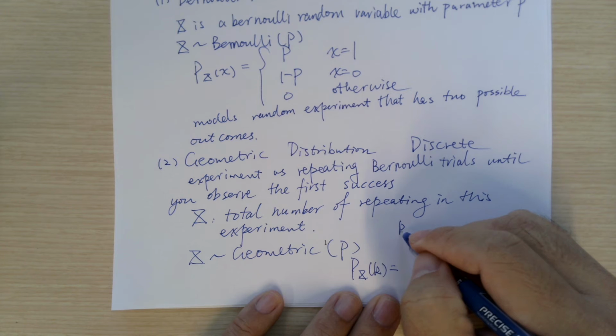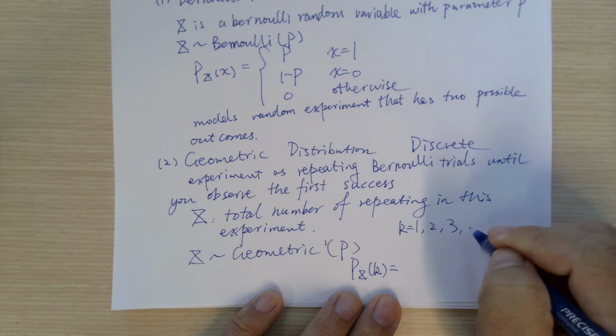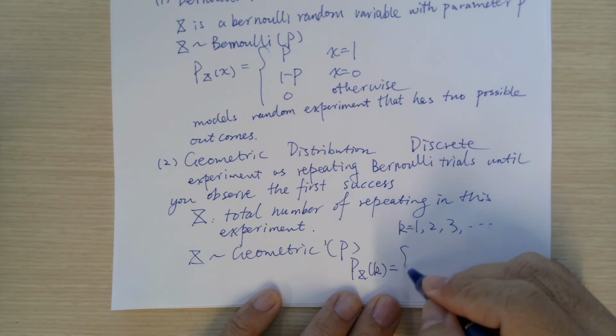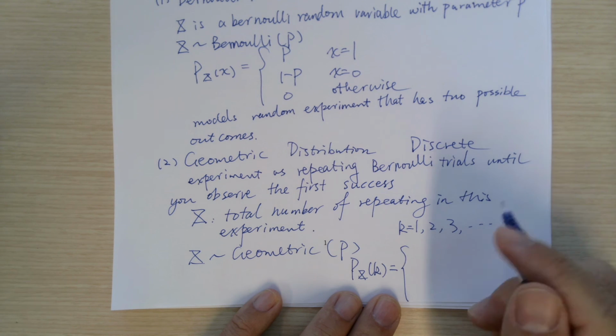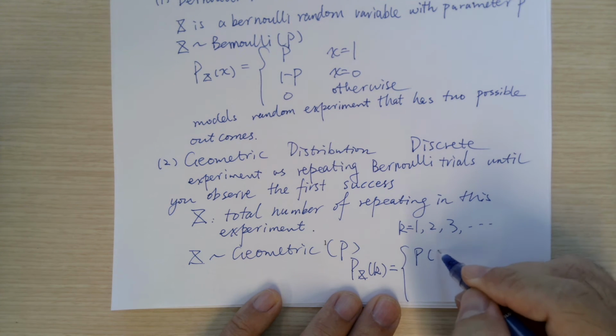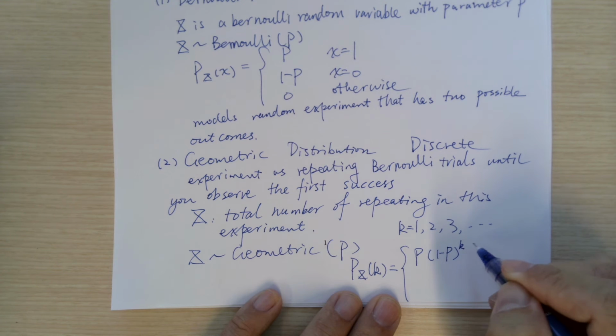We know k can be 1, 2, 3, and so on, and the PMF is p times (1 minus p) to the power of k minus 1.